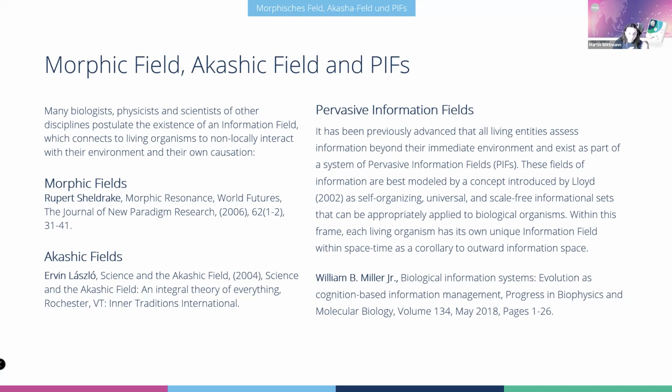We have the Akashic fields, which is, for example, heavily used and explained by Erwin Laszlo. You have persuasive information fields, which is also used heavily in science. And you have basically William B. Miller, who's one of the main characters that used this kind of wording.